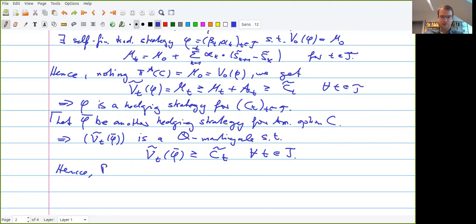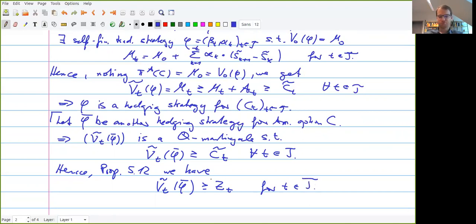This is the content of proposition 12. Since this martingale is also a supermartingale which dominates the discounted American payoff, it has to dominate the Snell envelope as well, by the minimality of the Snell envelope.